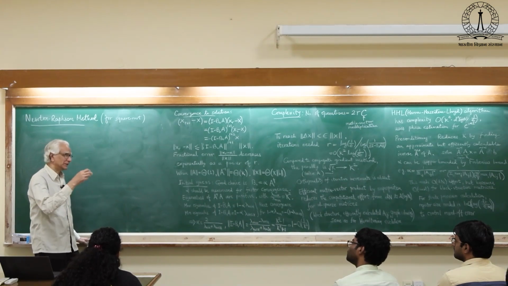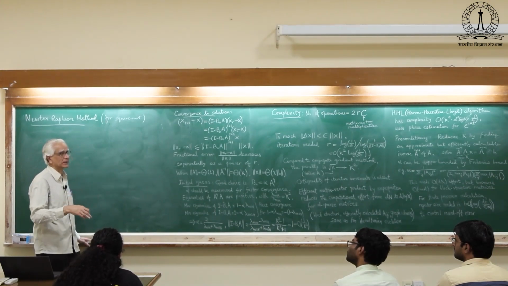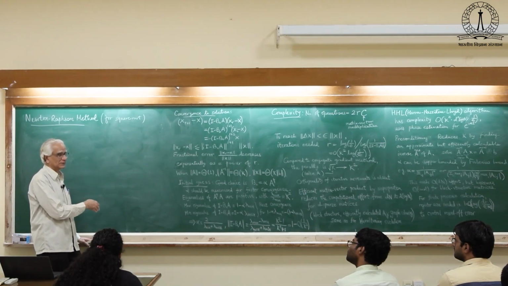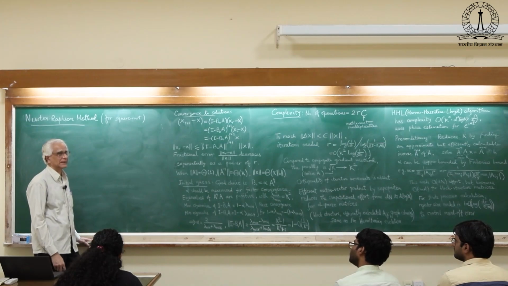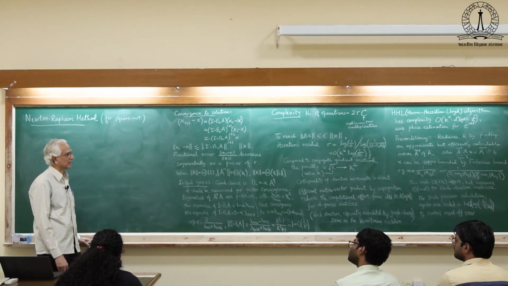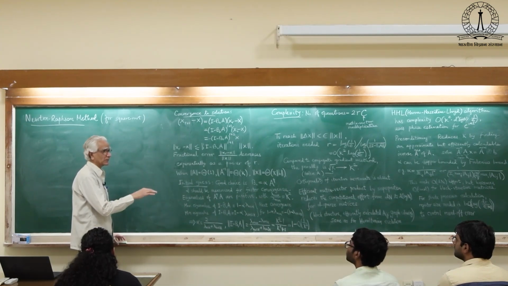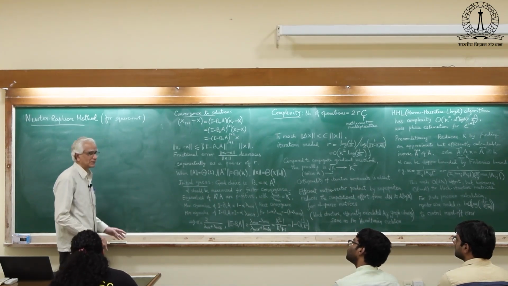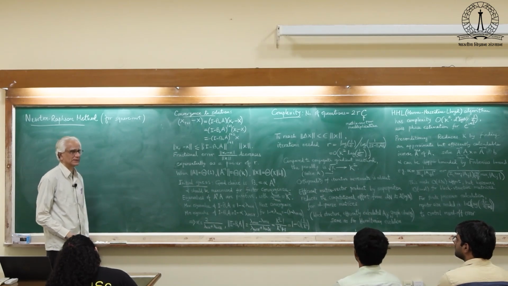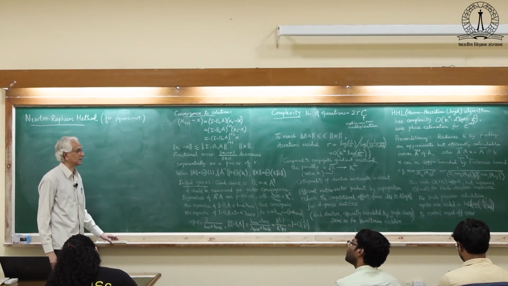Which solution you obtain depends on where you started, the initial guess. If you are close to one solution, it will converge to that side. So this extra feature was not there for a reciprocal, because reciprocal is a one-to-one function.